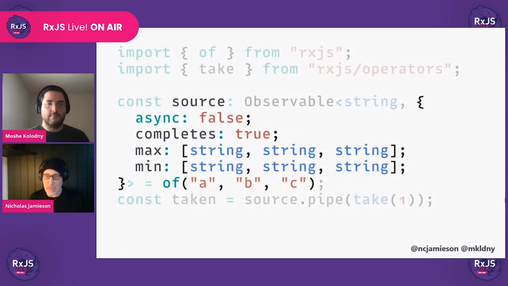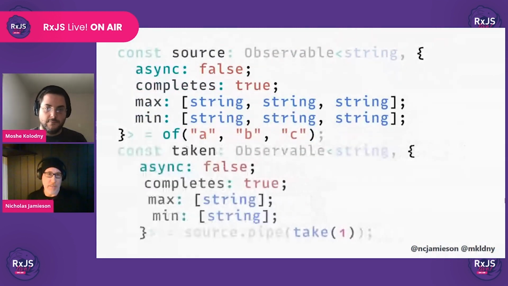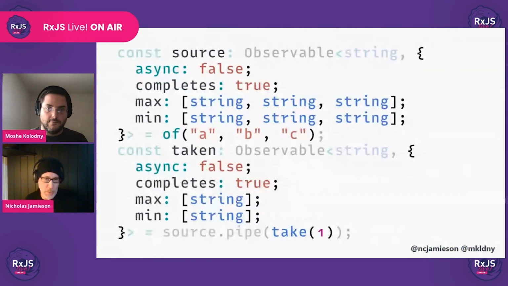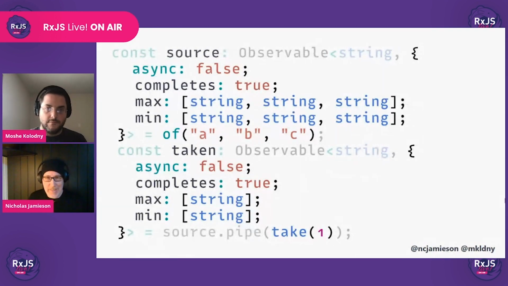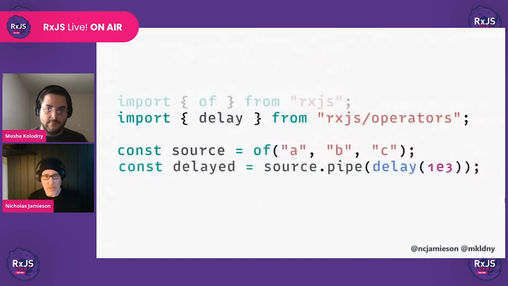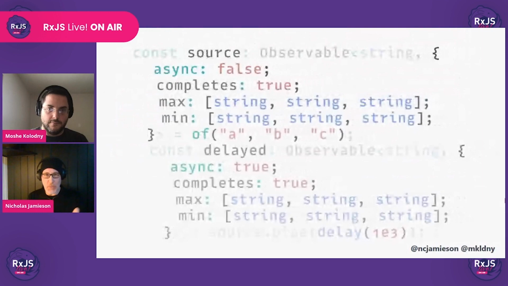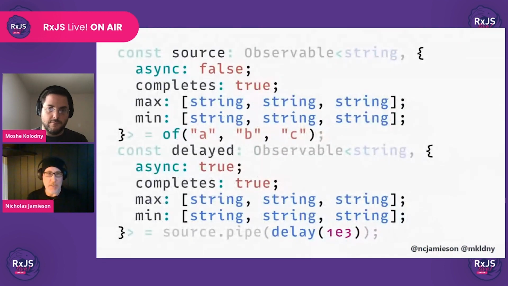Now, if we run that through a take(1), and I add the explicit types just to show you what's going to come out of the take, we can see that the async hasn't changed, it still completes, but it's only ever going to give us a single string now because we've done a take(1) on it. Similarly, if we've got a source and we apply a delay to it, the only thing that changes as the traits flow through this composition is the asynchronicity.